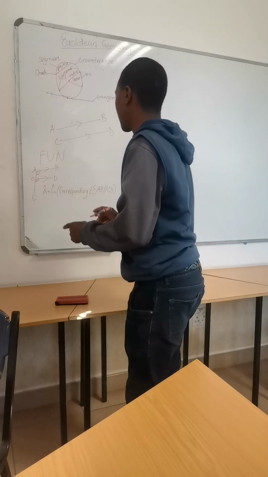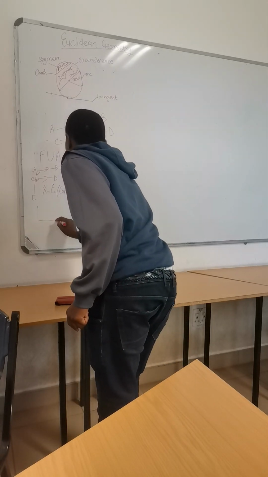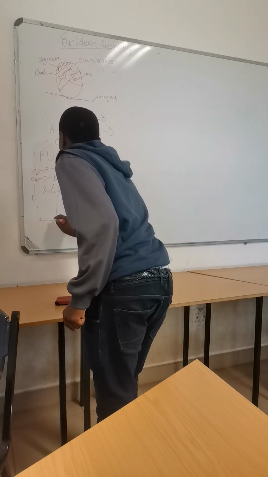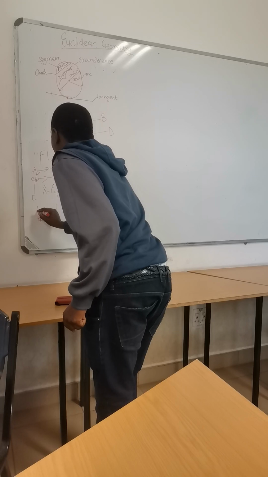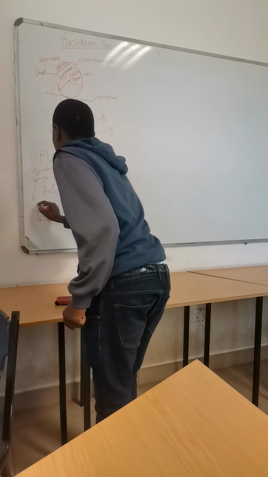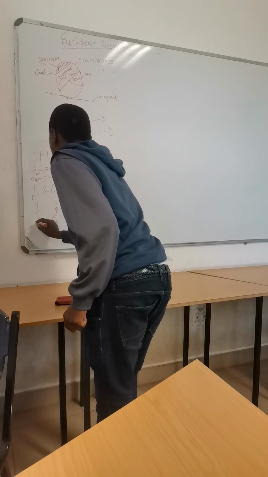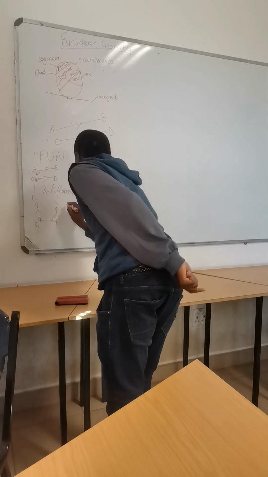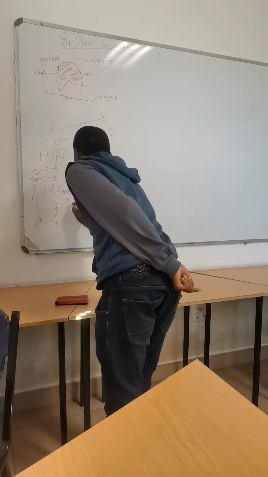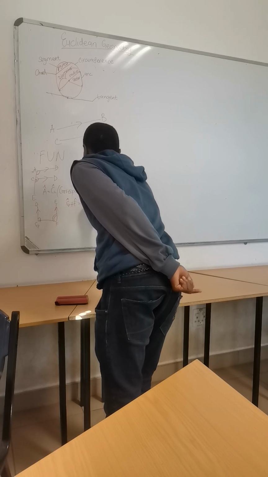And then we have parallel lines again. Let's say this is D, this is E, this is F, this is G. Angle G plus angle F is equal to 180.